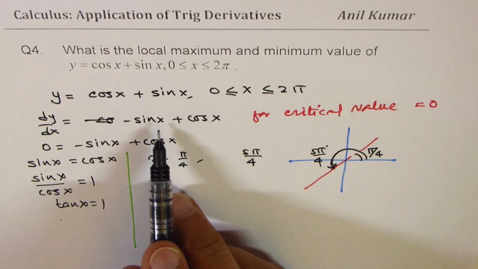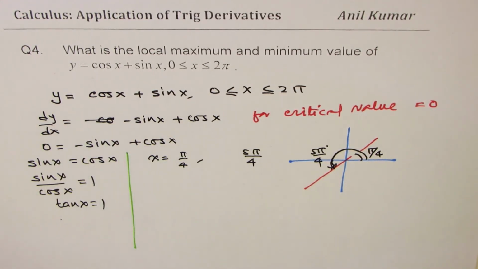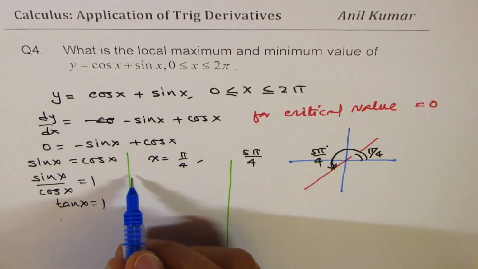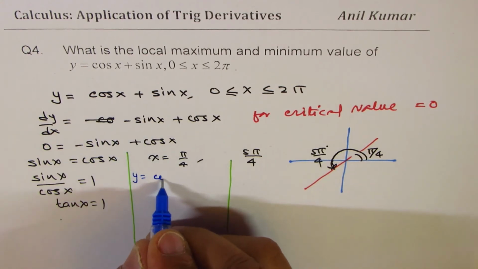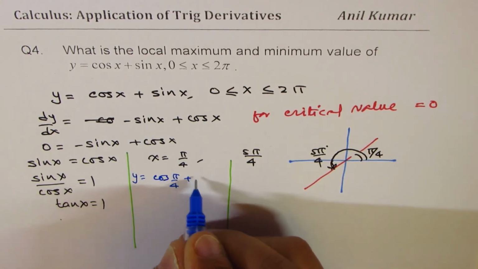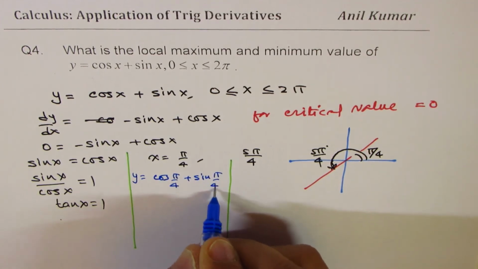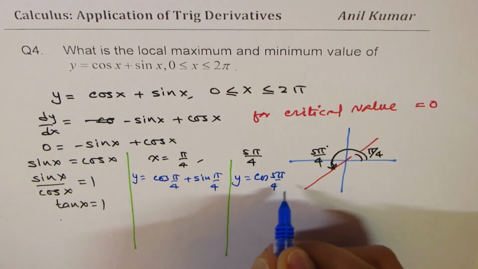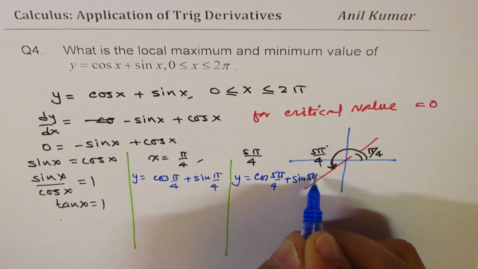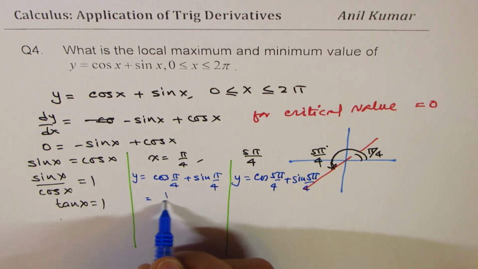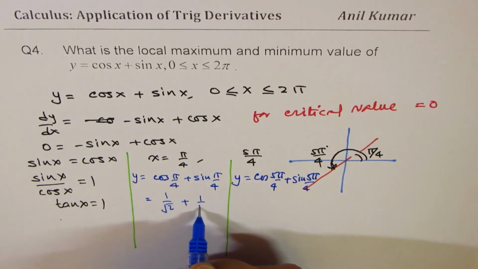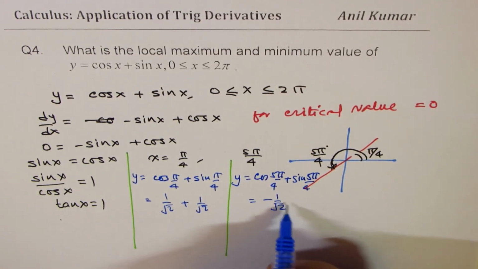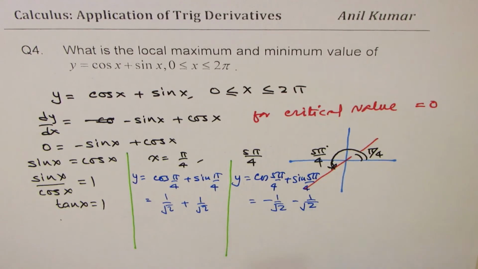Now, both these values will give us two different answers. Let's calculate the value of y. So y equals cos pi by 4 plus sine pi by 4, and also y equals cos 5 pi by 4 plus sine 5 pi by 4. So this is 1 over square root 2 plus 1 over square root 2, and the other is negative 1 over square root 2 plus negative 1 over square root 2, correct?